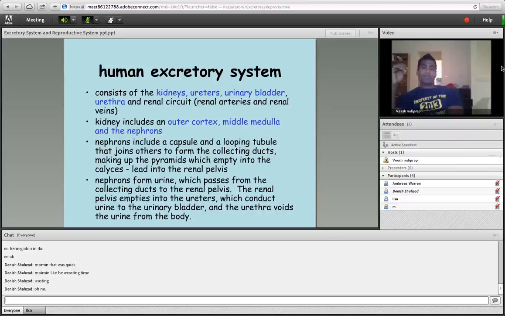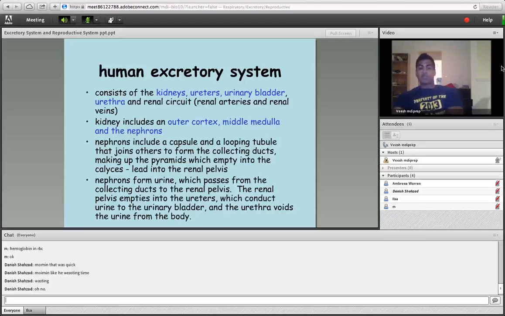And they are the functional units of the whole excretory system. So we'll look at them on more of a microscopic scale as well, so you can see a picture of it and see what wastes are leaving the body through different parts of it.